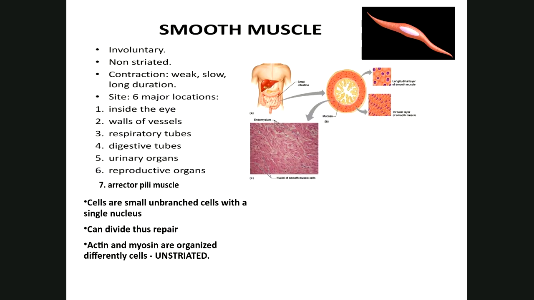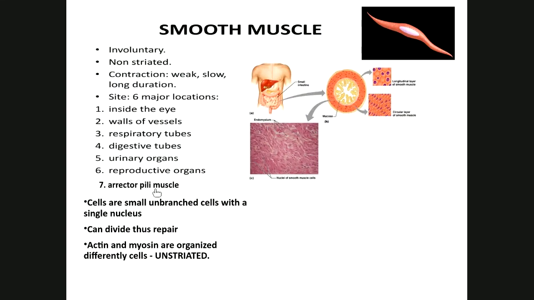The third type of muscle is called smooth muscle. And smooth muscle is located in a lot of our vessels and tubes. So we see this inside the eye, the respiratory, digestive, urinary, and reproductive tubes. Also the erector pili muscle.